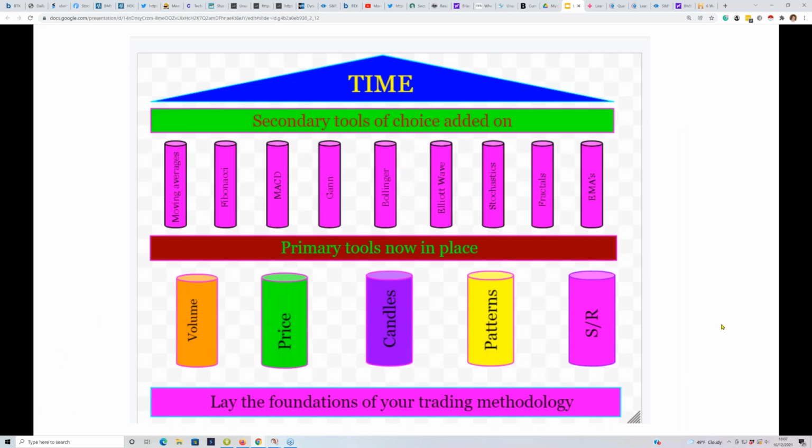The principles of volume price analysis, in case you've not seen the slide, I haven't put it up for some time now. It's your foundation methodology for approaching a chart. It is based on the work that was done by Richard Wyckoff, and the book acknowledges that.